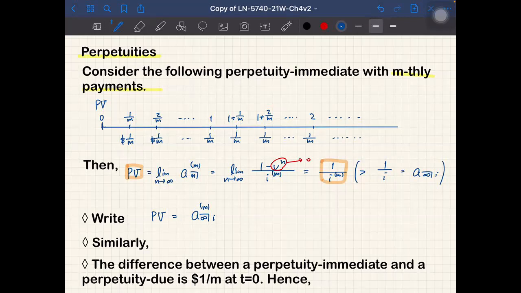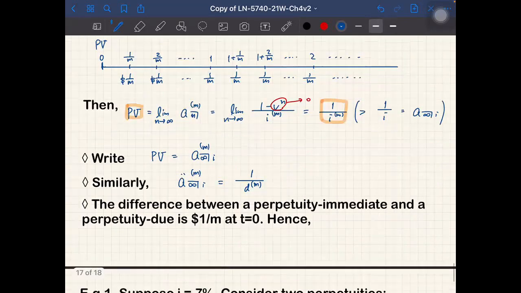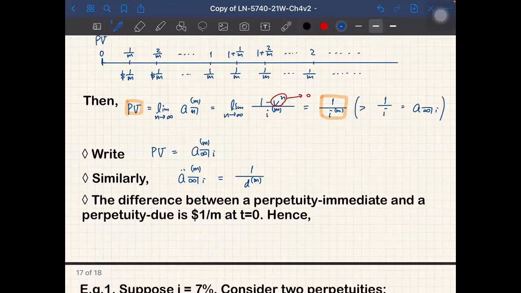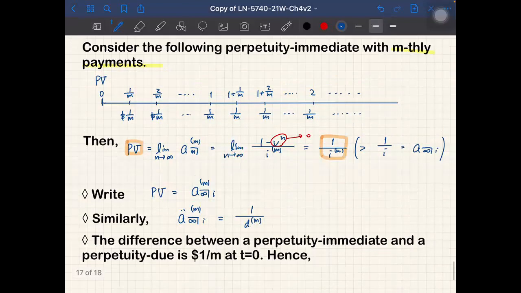We can develop a similar formula for the annuity due. So a double dot angle infinity superscript m at i is equal to 1 over d superscript m, by the formula for a double dot angle n superscript m. The difference between the perpetuity immediate and the perpetuity due is 1 over m dollars. Think about the perpetuity due version of this: we have another payment here, 1 over m dollars.